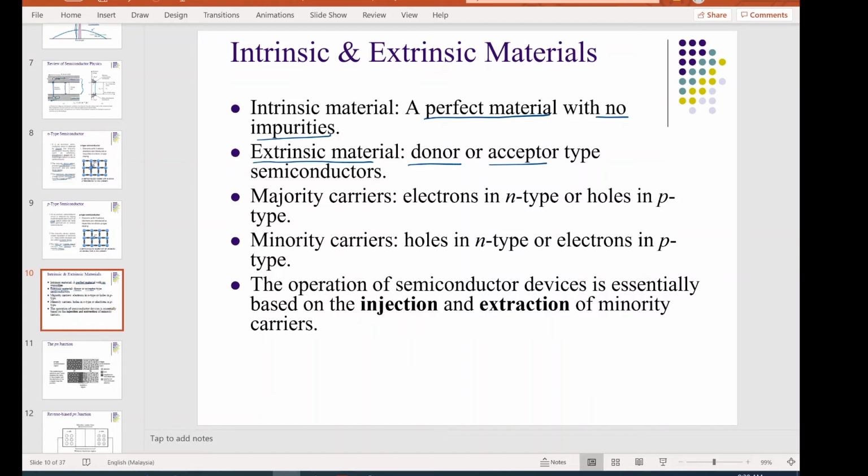Majority carriers in n-type semiconductor are electrons, and minority carriers in n-type are holes. In opposite, holes become majority carriers in p-type, and electrons become minority in p-type semiconductor.